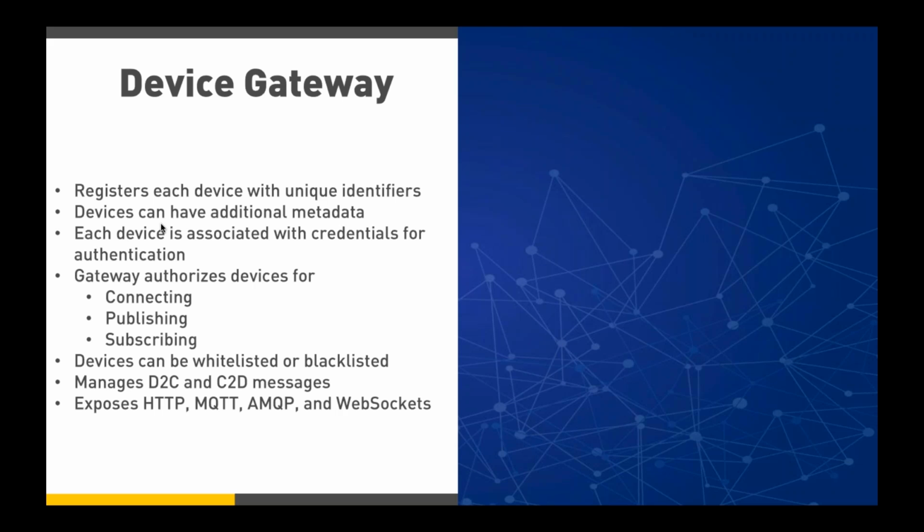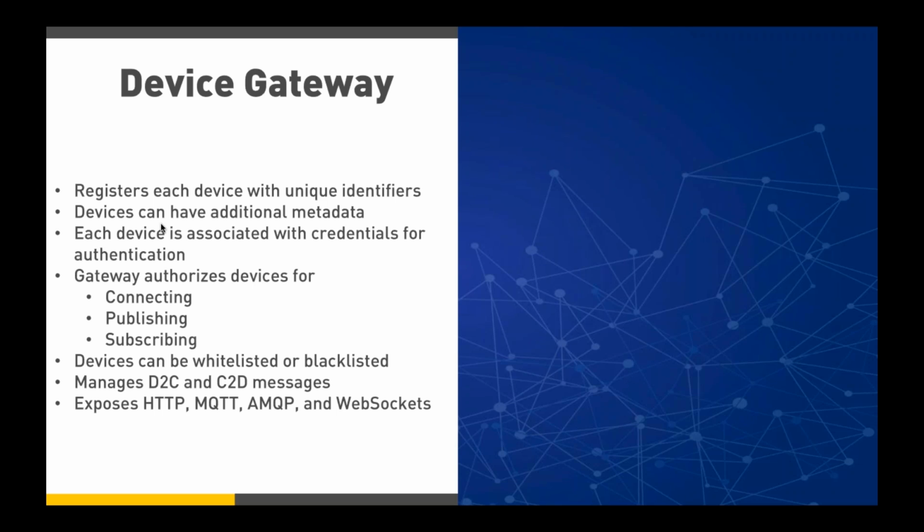Let's understand the gateway. As I mentioned, the gateway can exist in two different places. The gateway that is deployed closer to the devices is going to be responsible for representing the non-IP capable devices to the IoT platform. At the same time, the IoT platform will also run a gateway, which is essentially called the device gateway, where either the field gateways or the device gateways register with the cloud gateway, and each of those devices get unique identifiers.